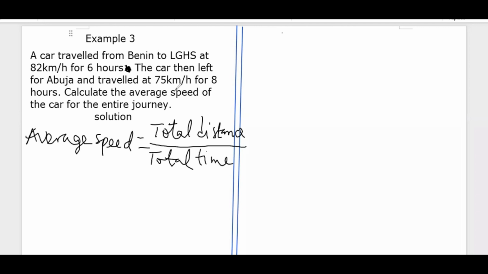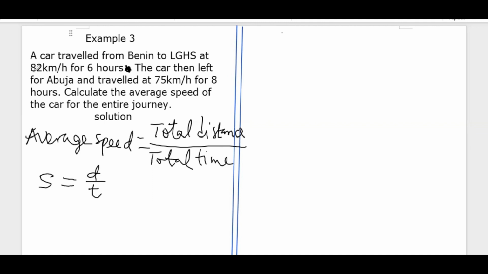So how can we get the total distance? Since nothing is said about the distance in our question, we simply say the formula that connects speed, distance, and time is: speed equals distance over time.